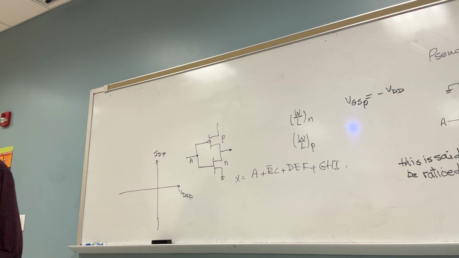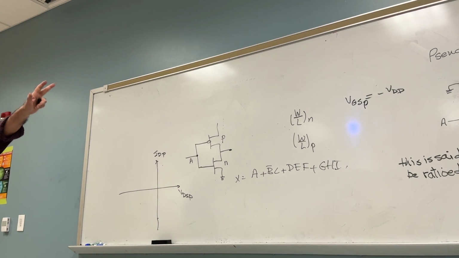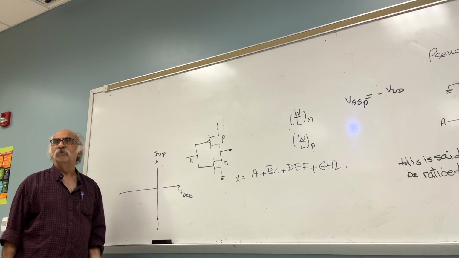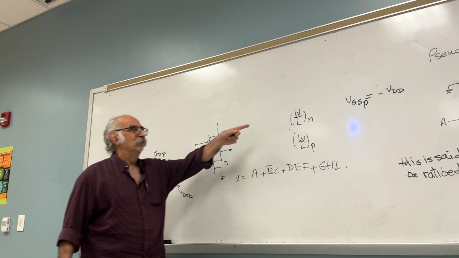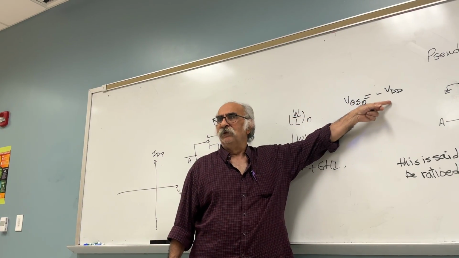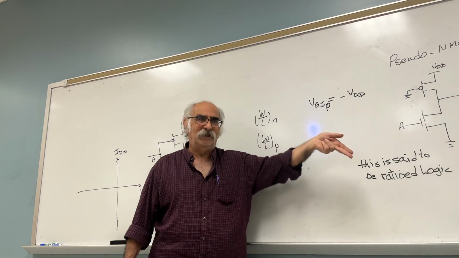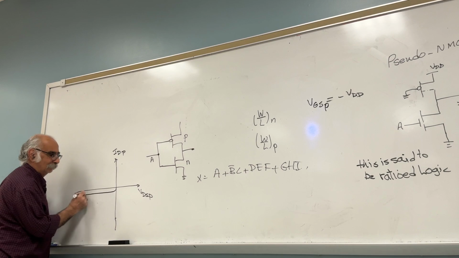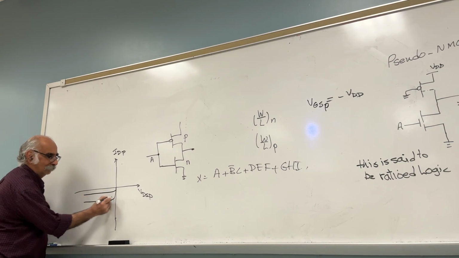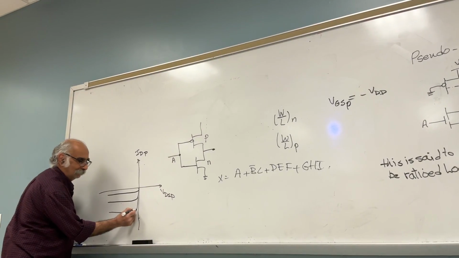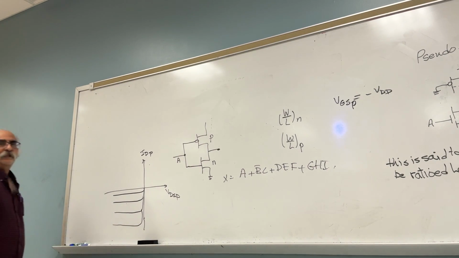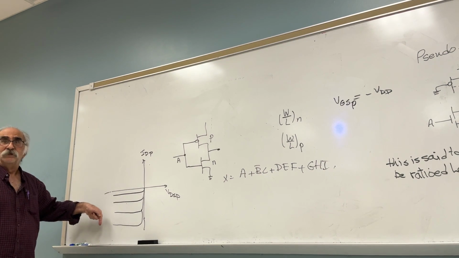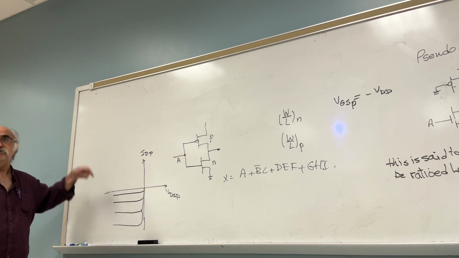In the PMOS, everything is negative. Which means the current is negative, VDSP is negative. You follow me or not? And VGSP is also negative, and the threshold is also negative. Now, as you go this way, the VGS becomes more negative.